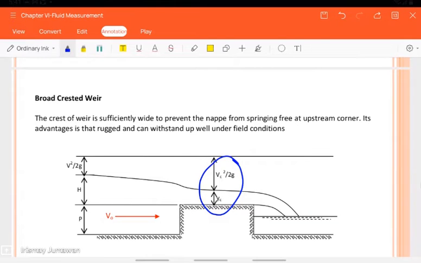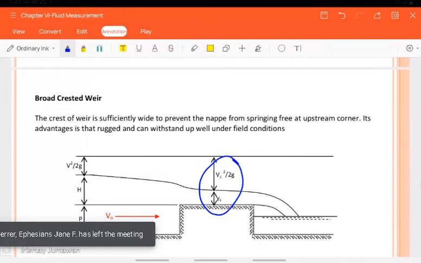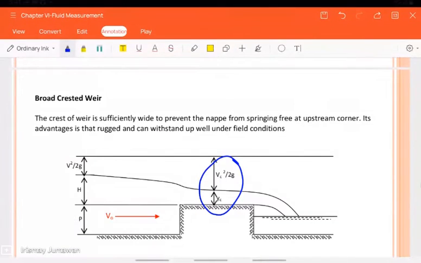Upon derivation, we have the critical velocity equal to the square root of g y_c, and the critical depth that is 2/3 E_c.